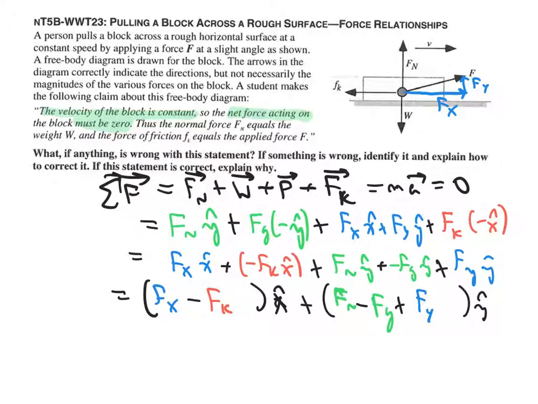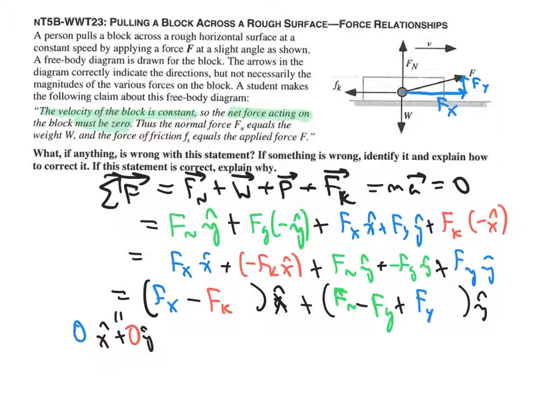All right, what the algebra shows us is that our net force is equal to 0 x-hat plus 0 y-hat, because the acceleration is 0. That lets us take the x-hat and y-hat parts separately and set them equal to zero.